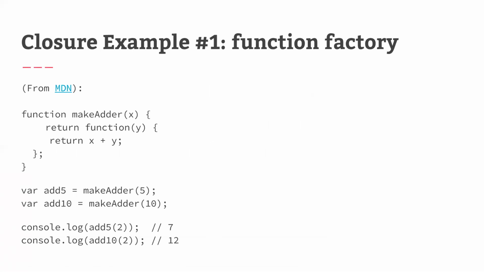So one is this function factory. Notice that I have a function that's making an adder, and it's returning a function that takes a parameter y, and it adds whatever x was to that parameter y. So the outer scope here is x, and that's going to persist in this function that's returned.